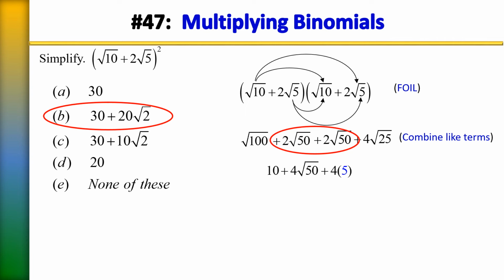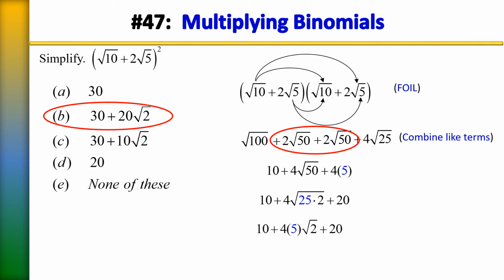So there you have it. We can simplify even further by multiplying the 4 times 5, which is going to give me 20. We also had a perfect square of 25 inside the 50. So solve that. The square root of 25 is 5. That's going to come out on the outside and join with 4.